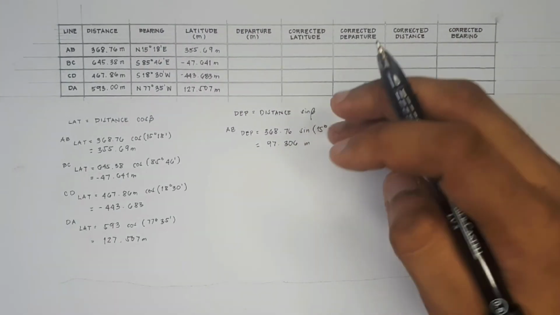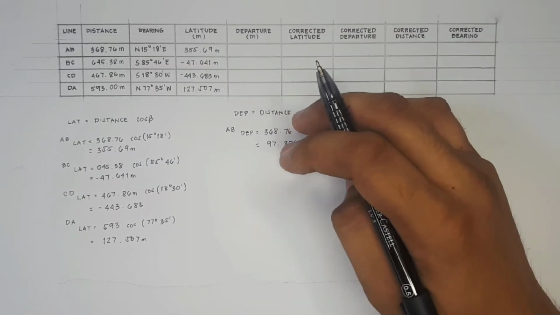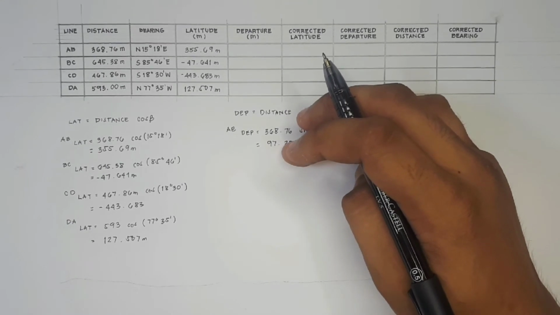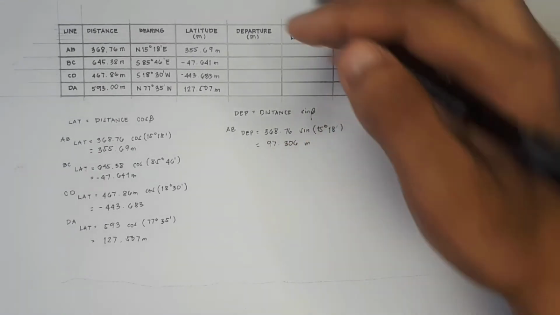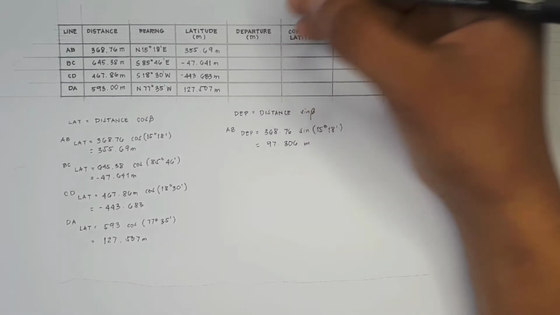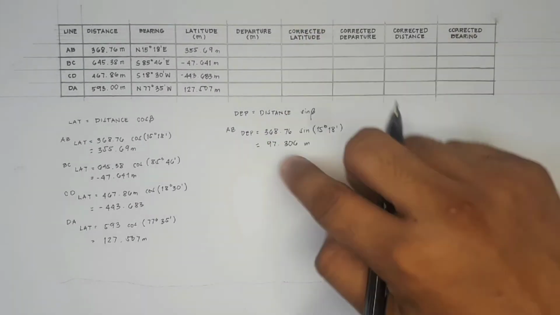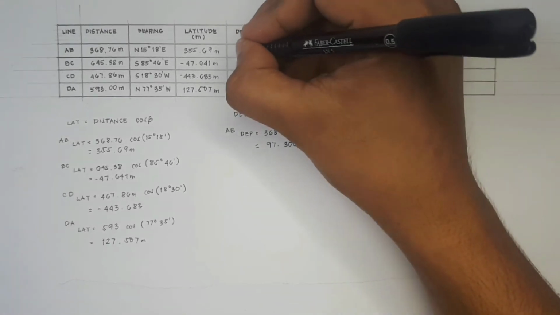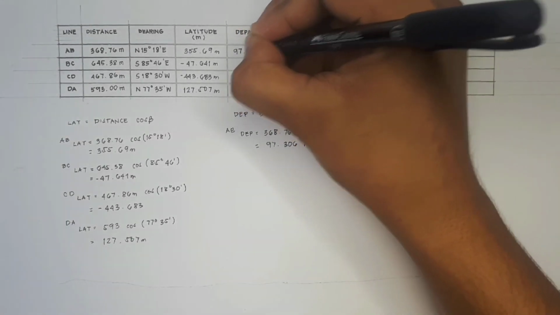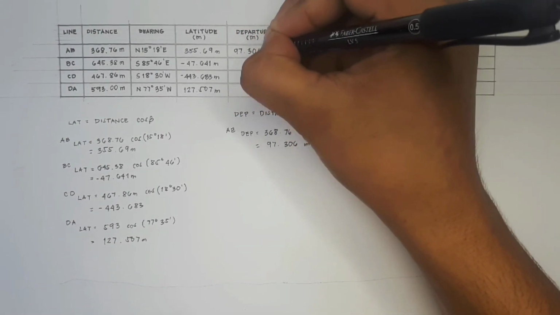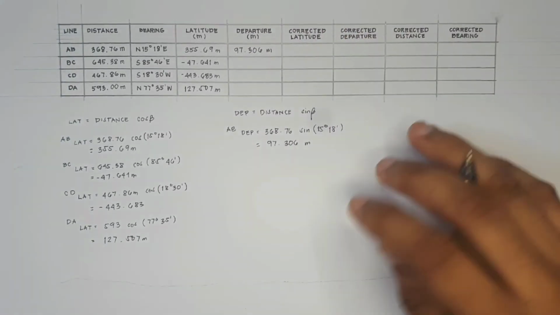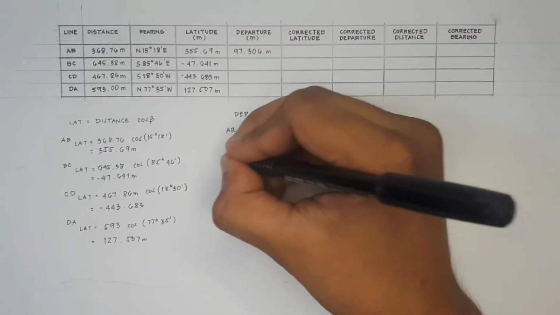Therefore our departure, since it is going to east, will be positive. If it is west, then that is a negative departure. So we have here positive 97.306 meters.